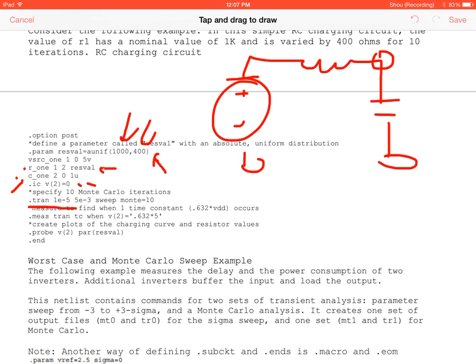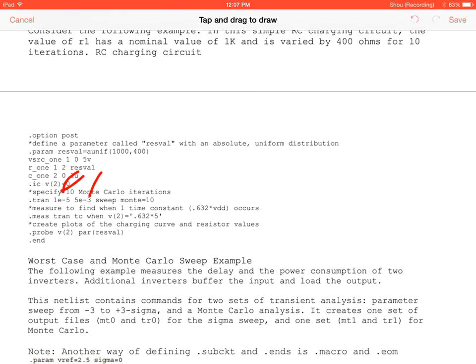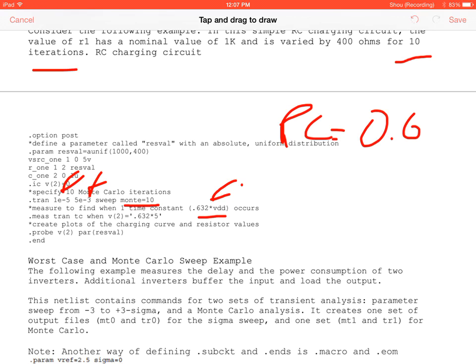So now we perform our .tran. Here they actually use 1e-5 and 5e-3. So we have our steps and our total time. Sweep monte. Remember, we're going to do 4 different tests. And so what we want to do is measure the time constant. Remember, RC is equal to 0.632 times, the time constant.